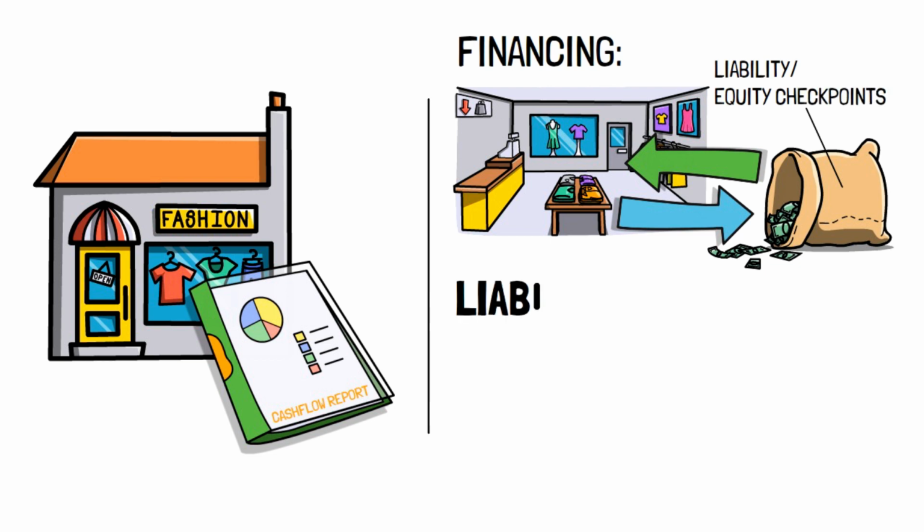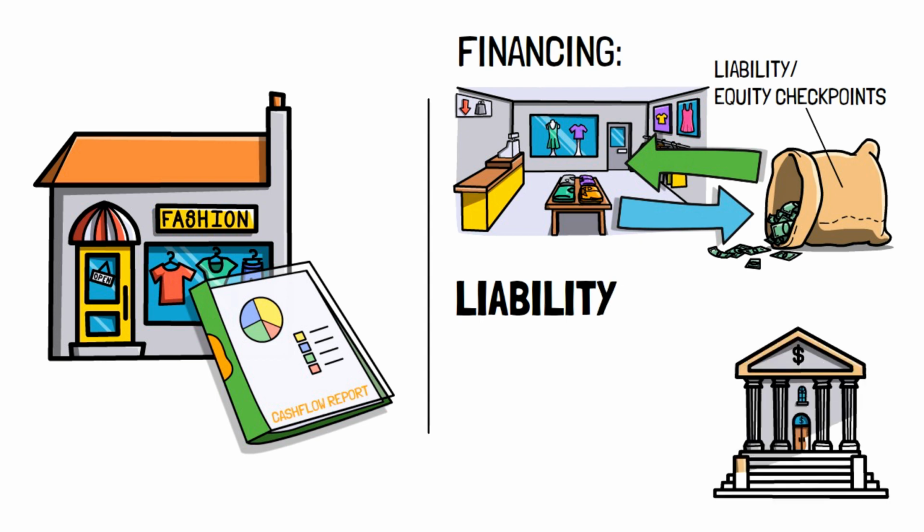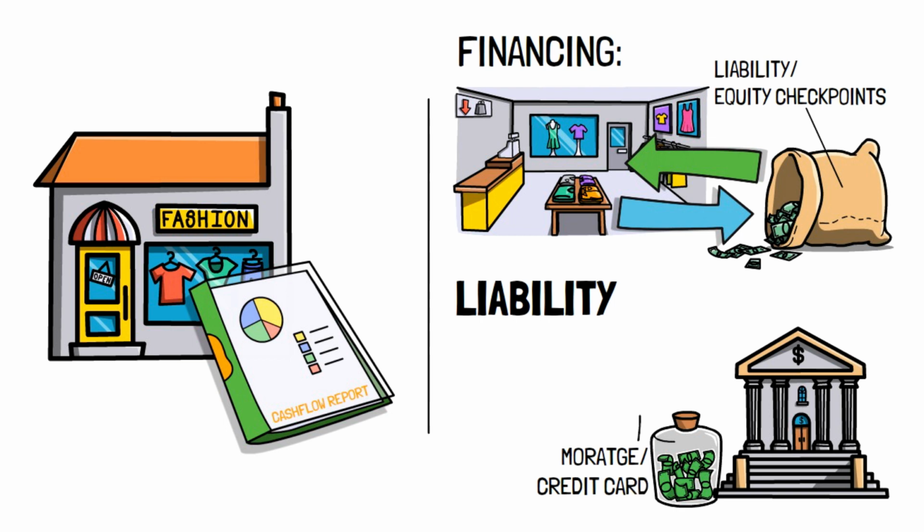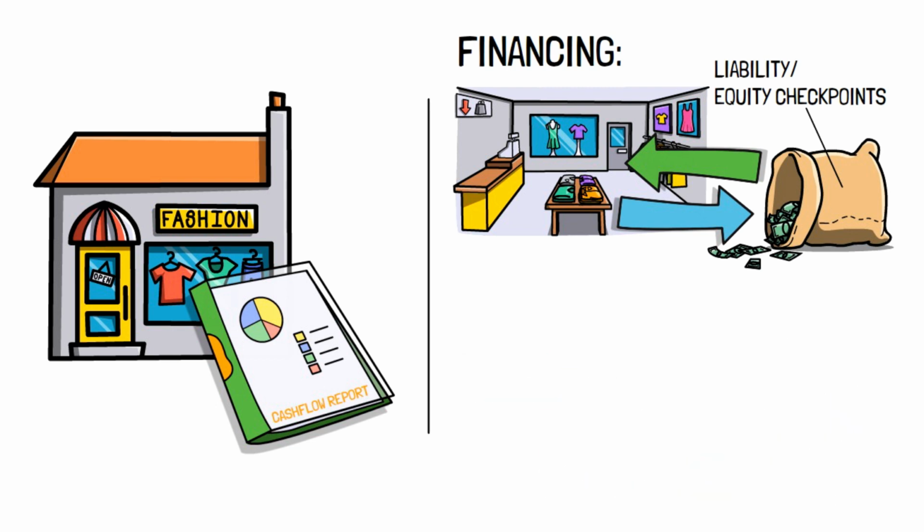From the liability checkpoint, cash can come into the business as a loan, such as through a mortgage or a credit card. Similarly, cash can leave the business as a payoff for the mortgage or the credit card. The cash flow statement will capture these transactions.